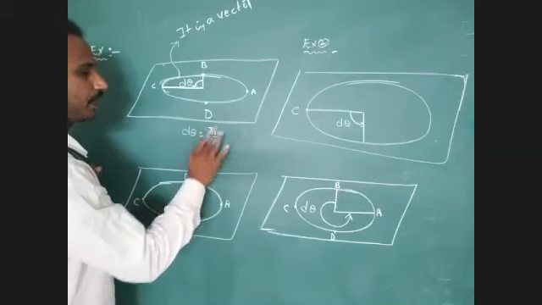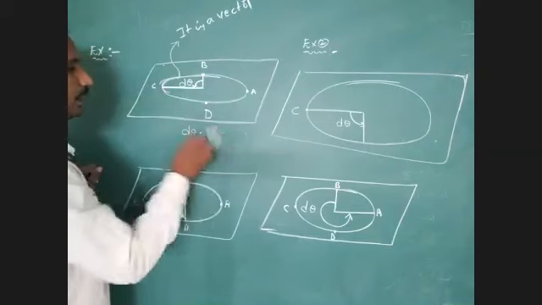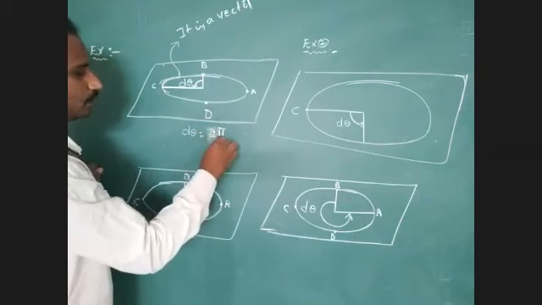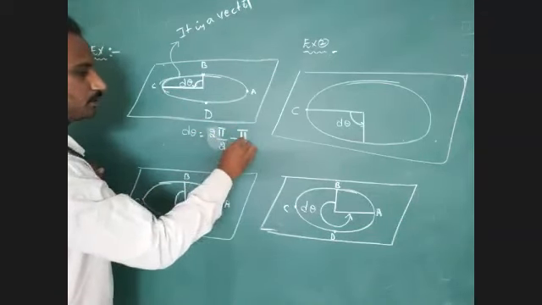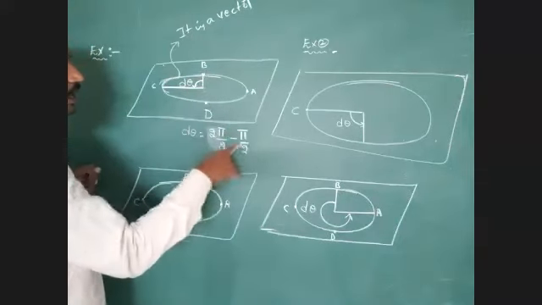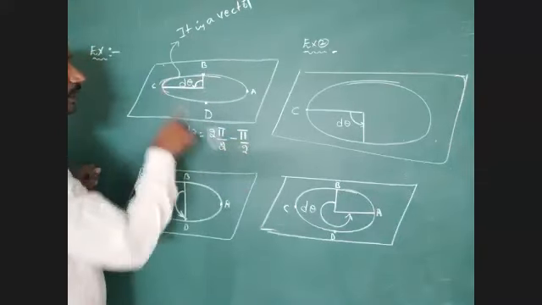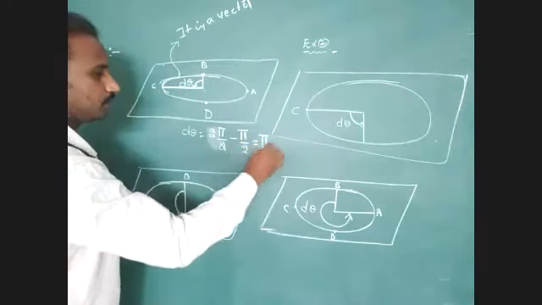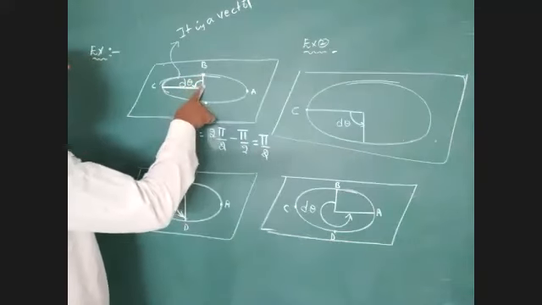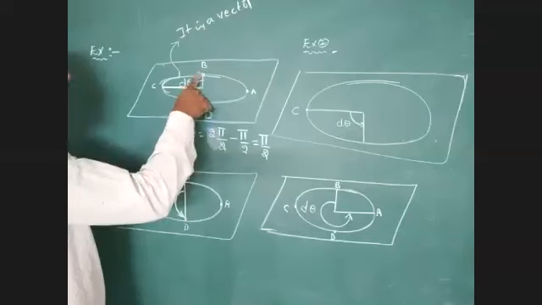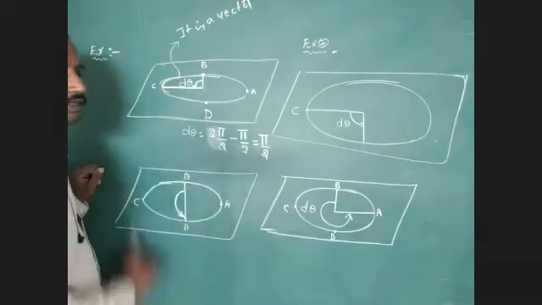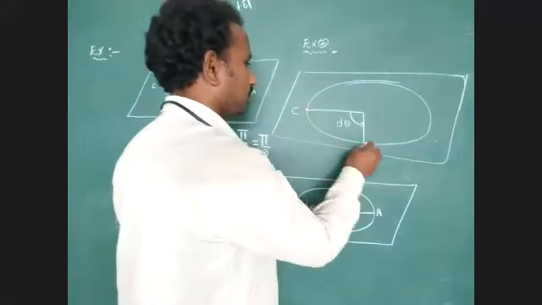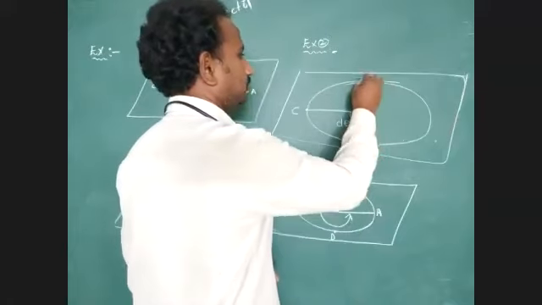Final angle: 2 pi by 2 radian. 2 pi by 2 radian minus pi by 2, initial angle pi by 2, final angle 2 pi by 2. 2 pi by 2 equals pi, so pi minus pi by 2 equals pi by 2. Angular displacement of the radius vector from initial point to final point is pi by 2.